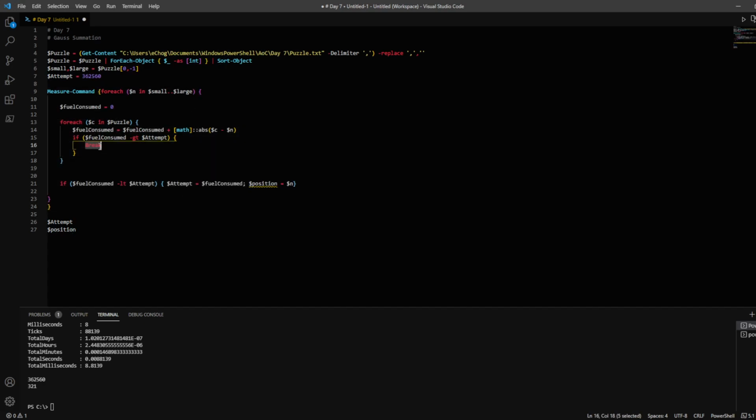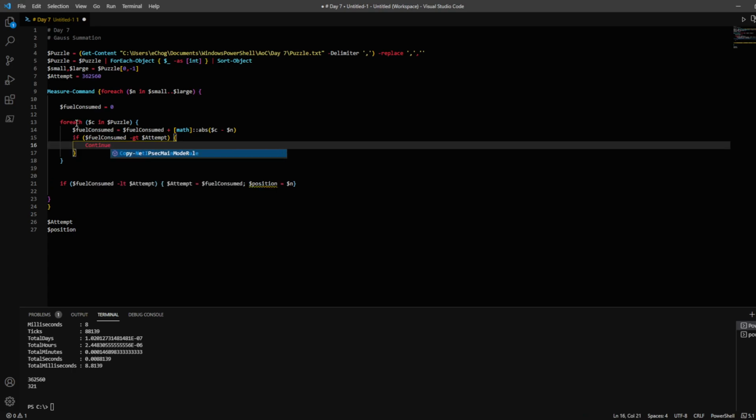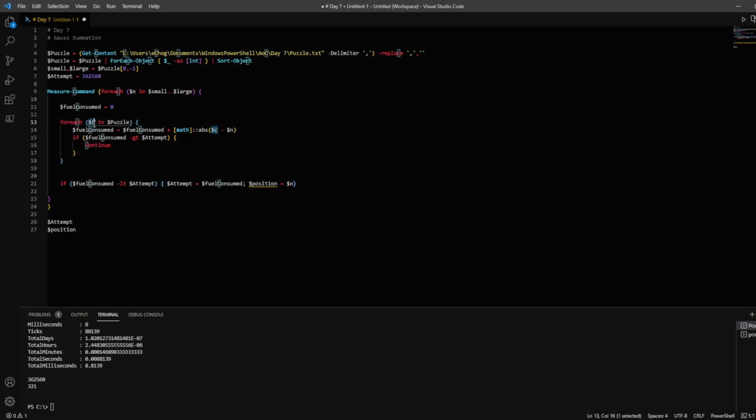If you wanted to use continue, what would happen is it will actually stay in this for each. It will just move on to the next number. I don't want to do that. I want to get out of this completely and just move on to the next n, because the next number here is still going to exceed it, since I've already exceeded it like crazy.